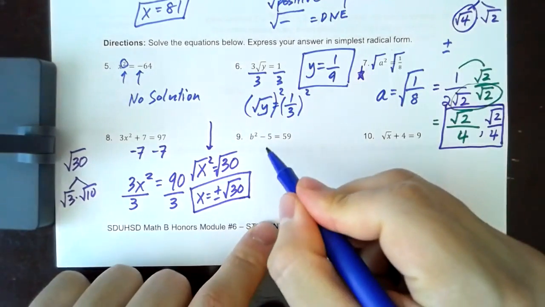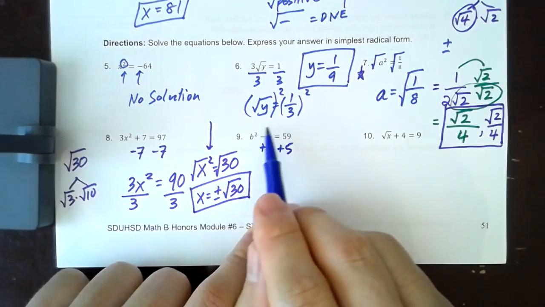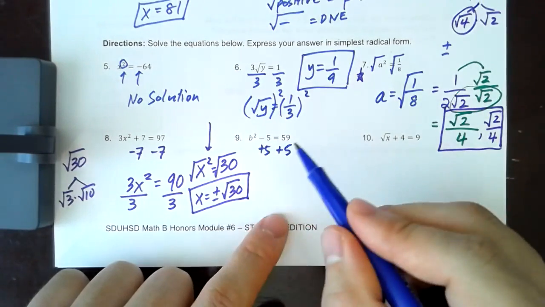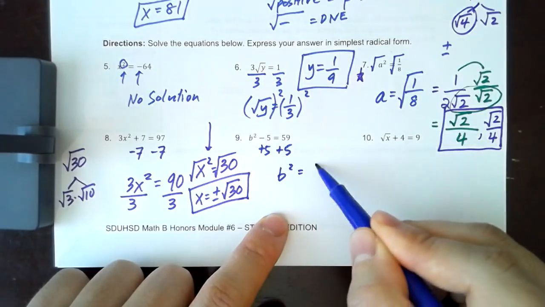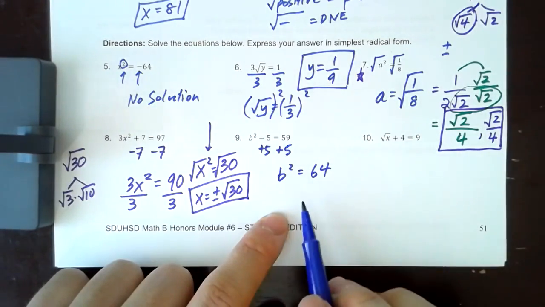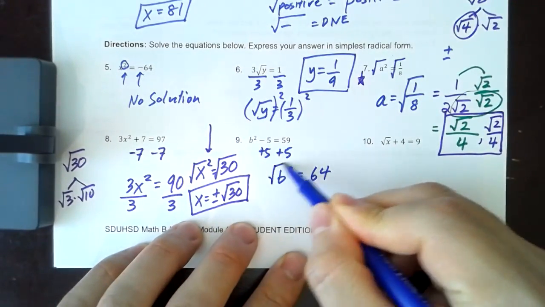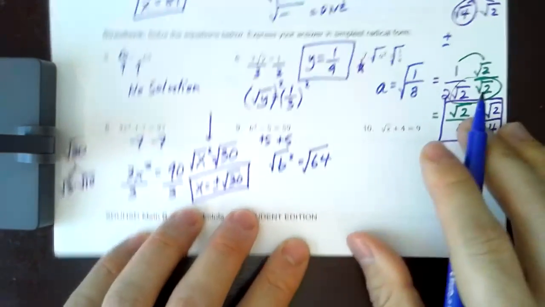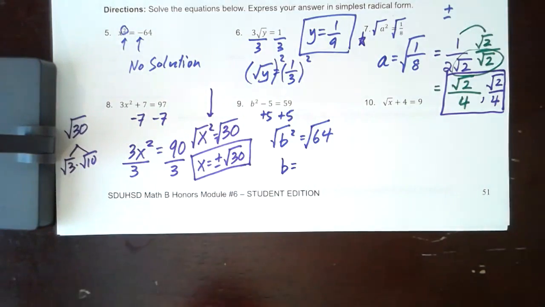So again, all we're doing is we're trying our best to isolate our variable. Whenever you have a constant, that's always the first thing to go away. That's always the first thing you should cancel. We get b squared is equal to 64, and that actually makes us happy because we know 64 is a perfect square. I then am going to square root both sides because I want to isolate b, and I just want one individual b.